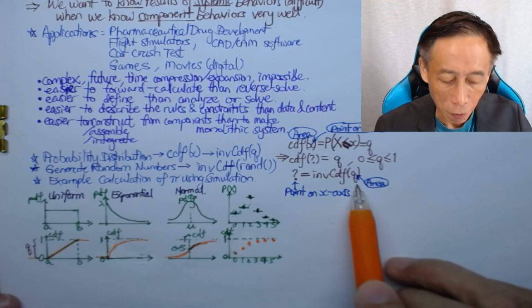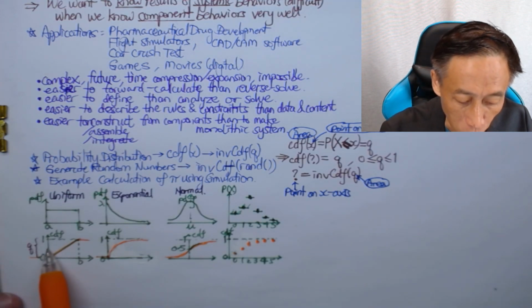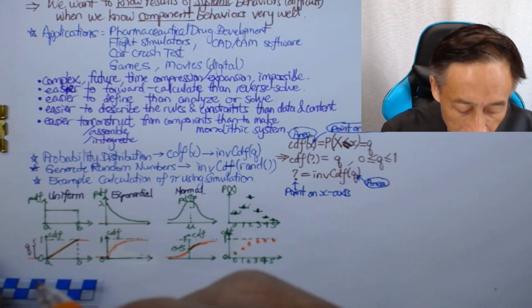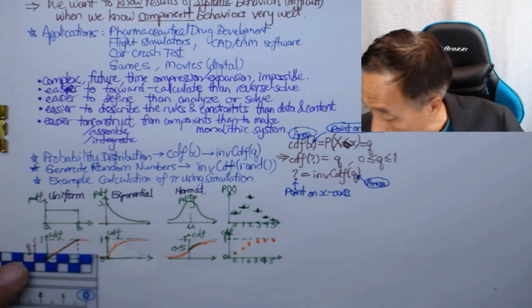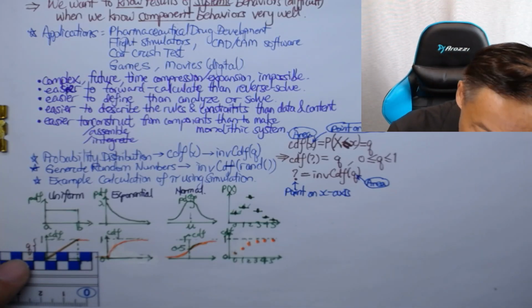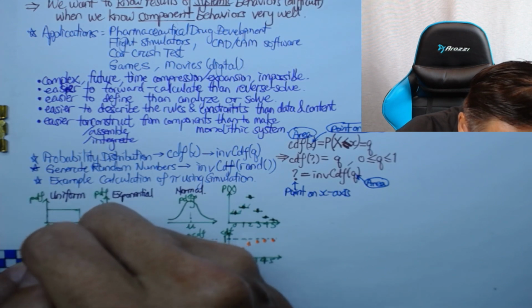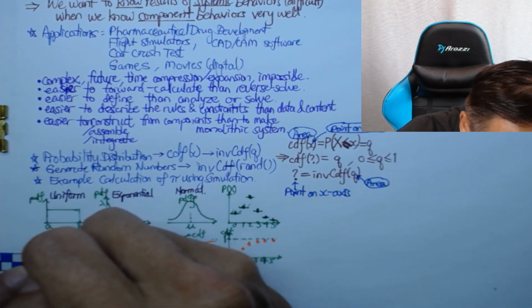So let's say I have 0.5. Then I will move vertically to 0.5, and so, okay, I would then move vertically, right?